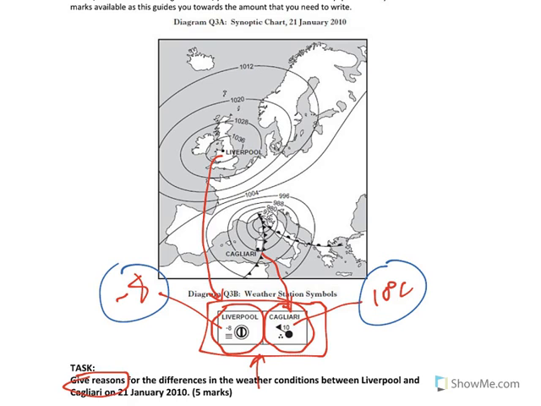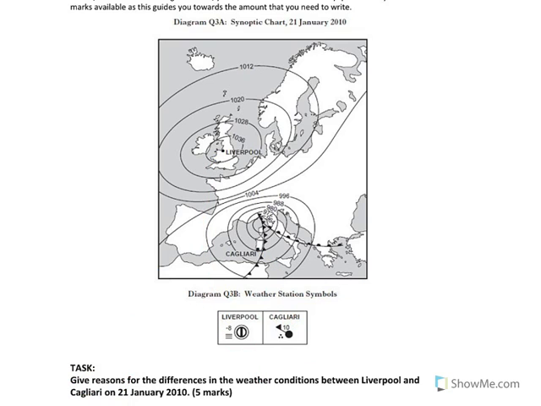Okay. Now your reasons are mainly going to focus on the following for all of the different reasons you're going to talk about. Okay. You are going to have to be discussing air pressure between the 2, the differences in air pressure. Okay. They have different air pressures, the 2 of them.